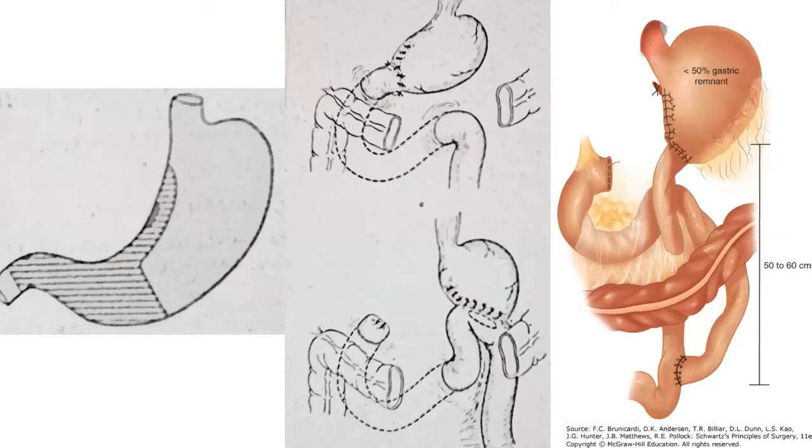And the radical resection of the stomach with anastomosis of Billroth 1 and Billroth 2. The Billroth 1 anastomosis is the anastomosis between the stump of the stomach and the duodenum. And Billroth 2 anastomosis is the anastomosis between the gastric stump and the small bowel.